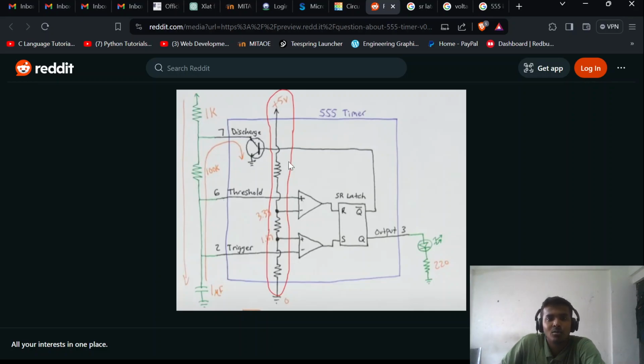Okay, now the first thing is this line, which is connected to 5 volts, and inside it the first component is a resistor which is 5 kilo ohms. The second component is a resistor which is 5 kilo ohms, and the third component is a resistor which is 5 kilo ohms. Now I know that all of you are thinking, oh, that's why it is called the 555 timer, because it has three resistors connected in series of 5 kilo ohms each.